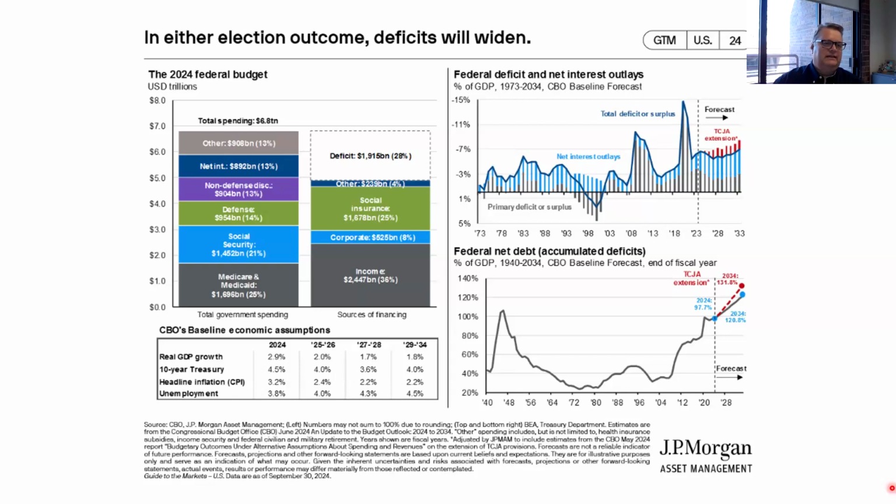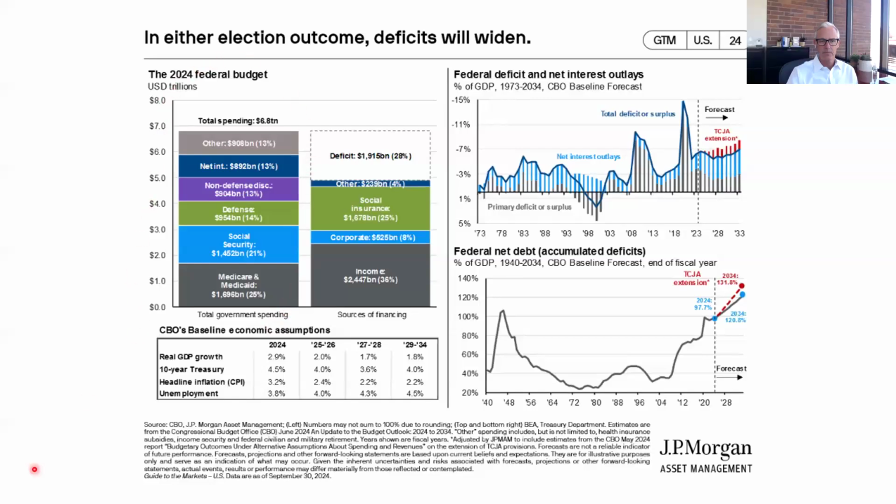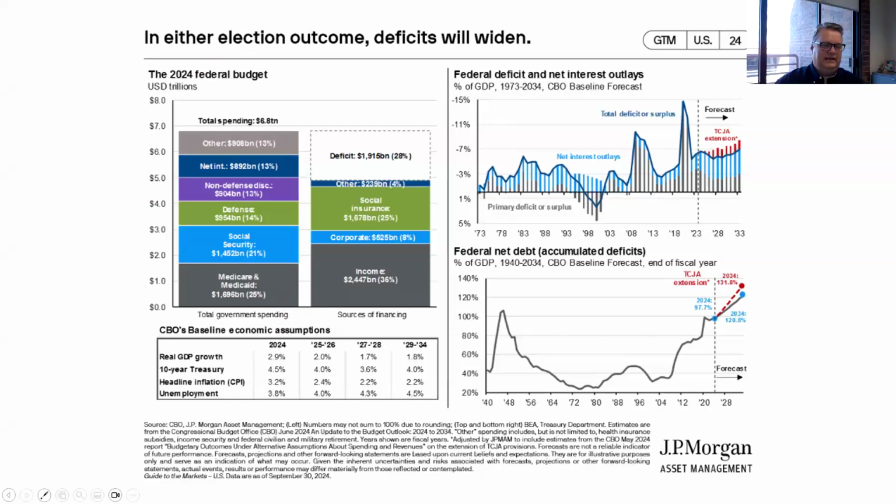In the upper left part of this chart, the left side, that's the spending. That's the 2024 total spending plan and how they're going to spend. The bottom gray part is Medicare and Medicaid, Social Security, defense, and all that.